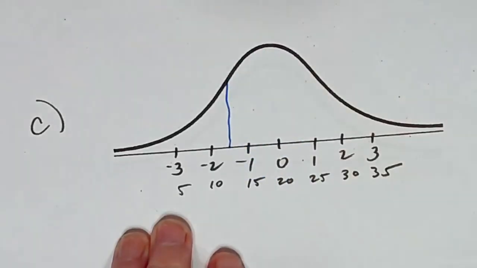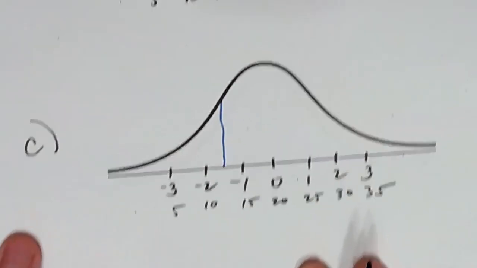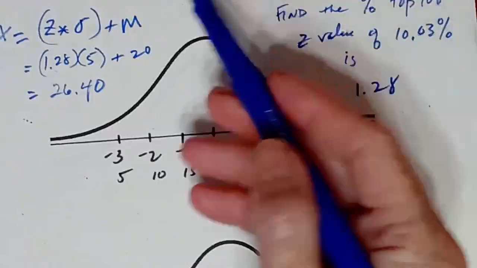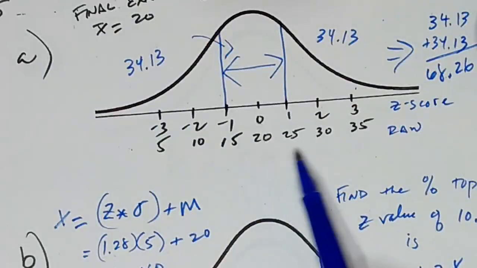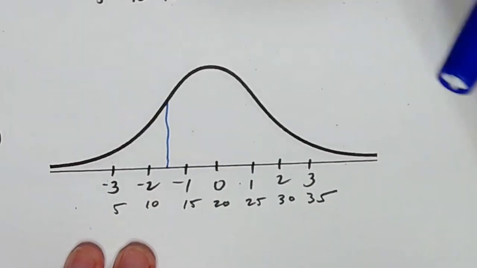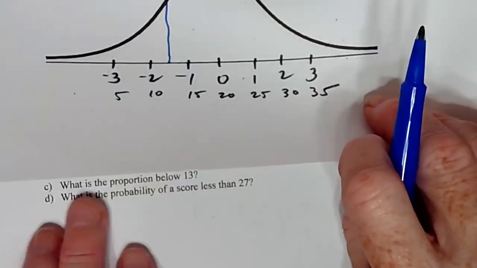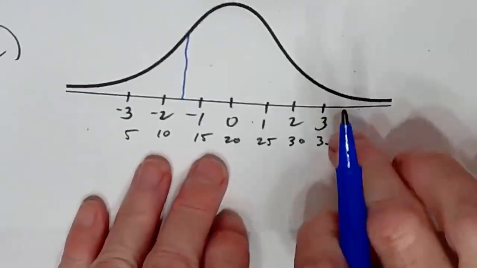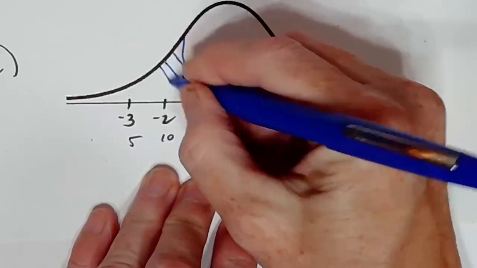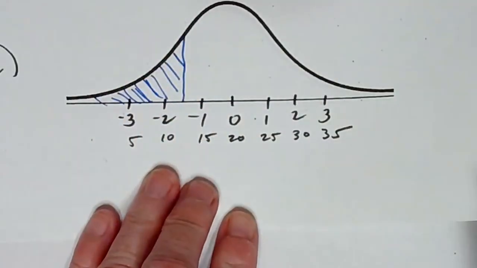We have our X, we need to get a Z. Before, I just figured out that 15 and 25 was 1, but for this one we actually have to do the math. We're looking at what proportion of kids scored below 13.